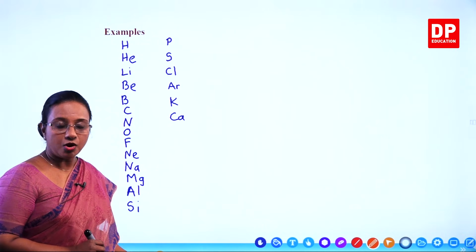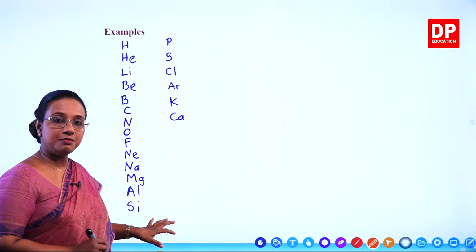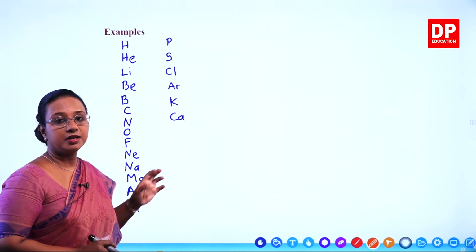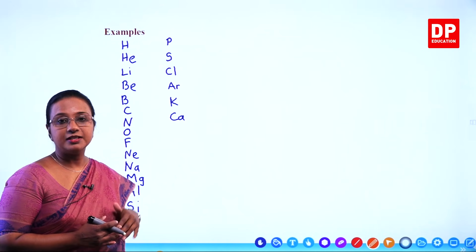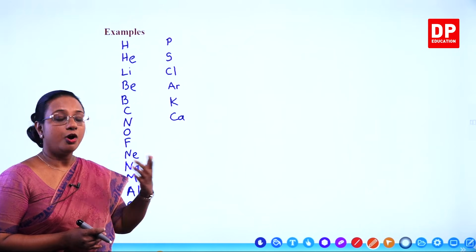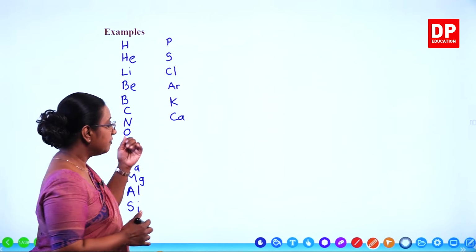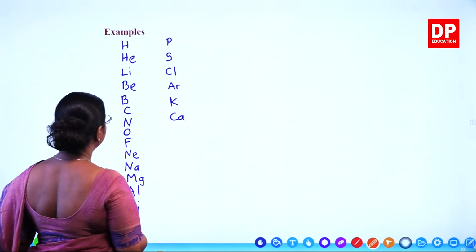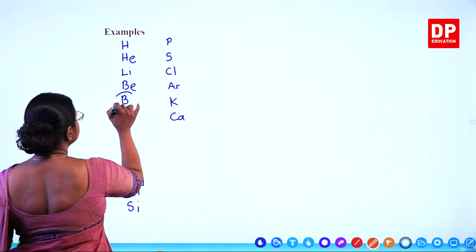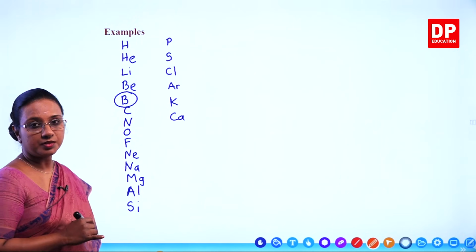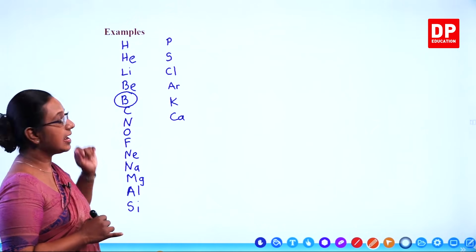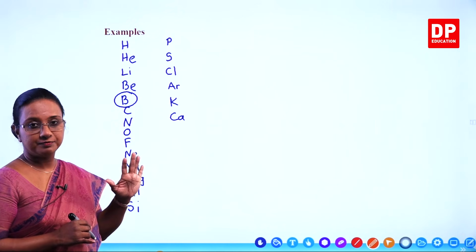You have to know the order, you should know the standard symbol, and if you know the order, you can identify the atomic number as well, or you can remember the atomic number also. We will do a few examples. Let's say we will take boron. Boron has atomic number 5.